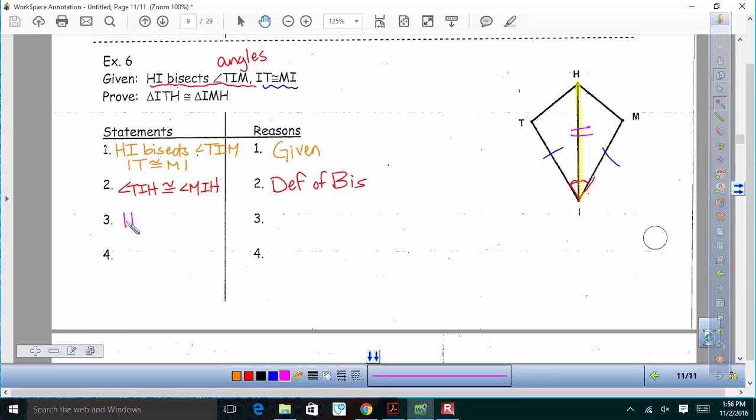So I would write HI is congruent to IH, and that's by reflexive property. Okay, and then our last thing is to prove. So triangle ITH is congruent to triangle IMH. What's the reason behind that? Side angle side.